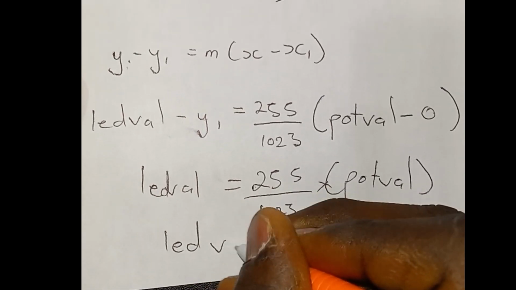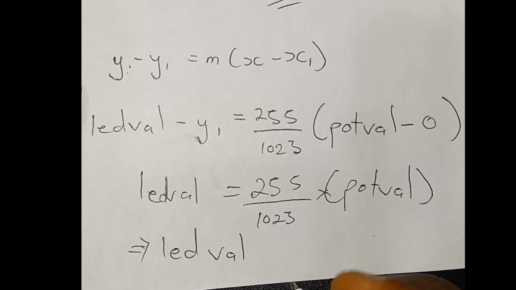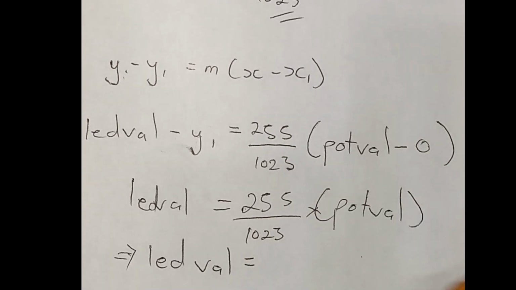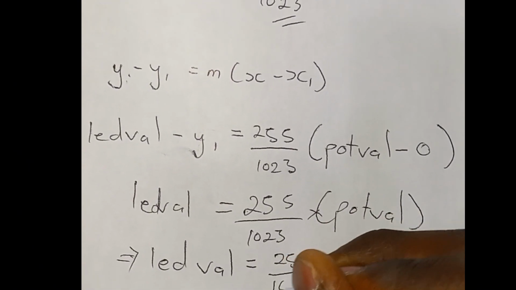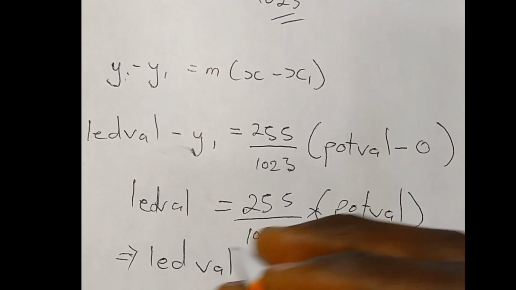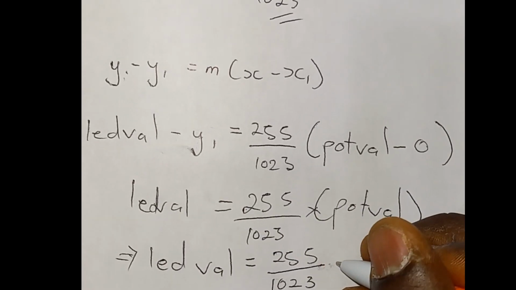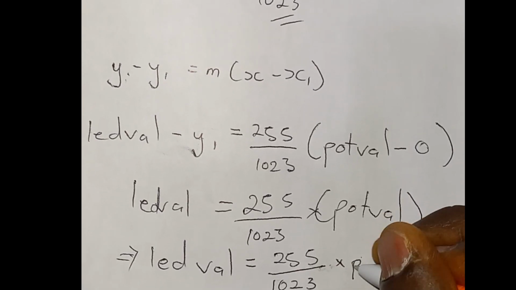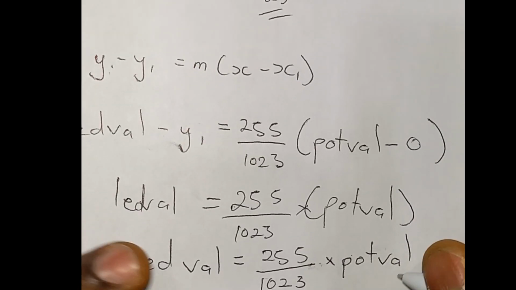The value we are going to analog write into the LED, that's the LED value, will be obtained through this formula, which is 255 over 1023 times the potentiometer value. Yep, so that's it.